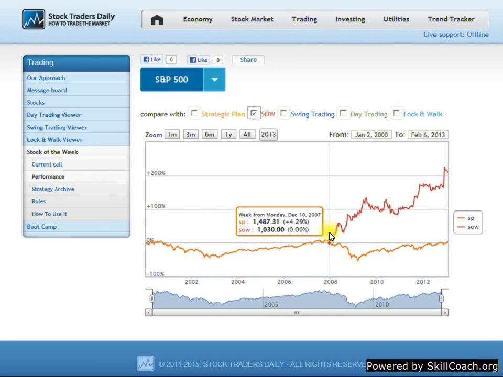I'm picking one out here specifically because we started this strategy in December of 2007, when the S&P 500 was at its last peak.